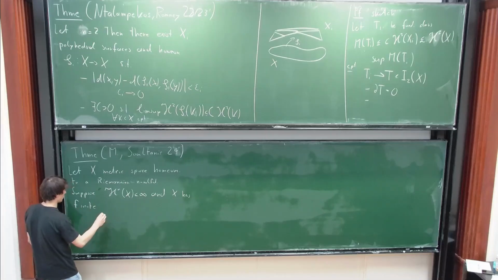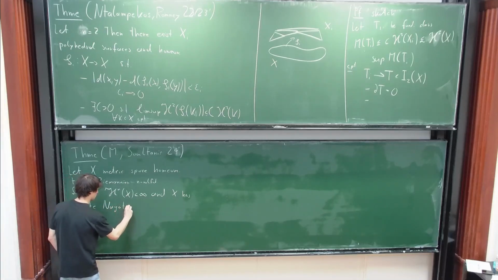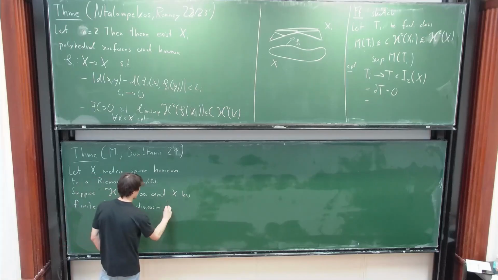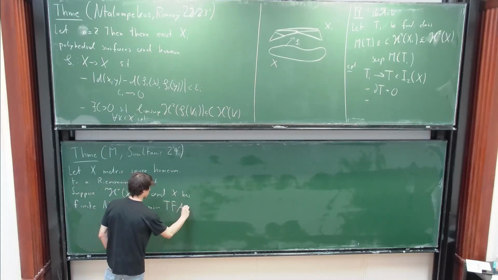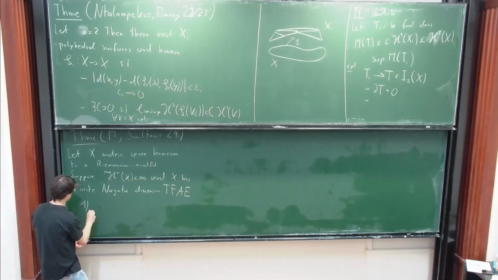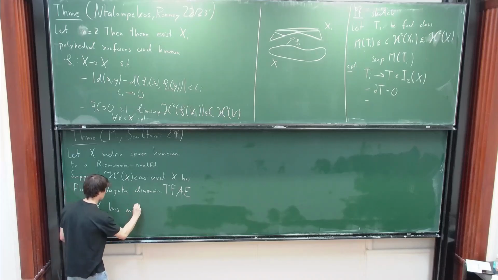This, for example, holds if X is doubling. So if all these properties hold, then the following are equivalent. First, X has a metric fundamental class.